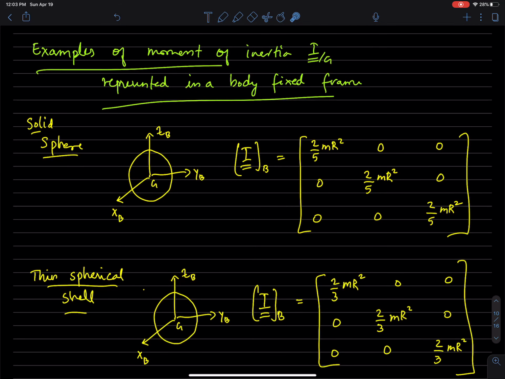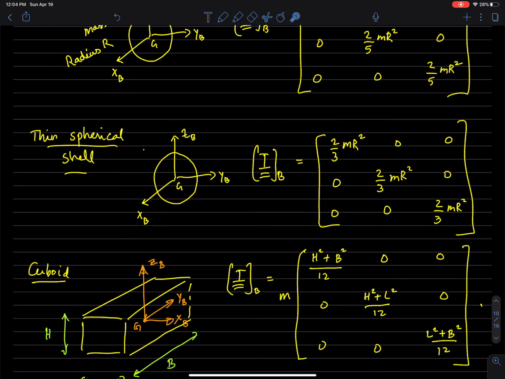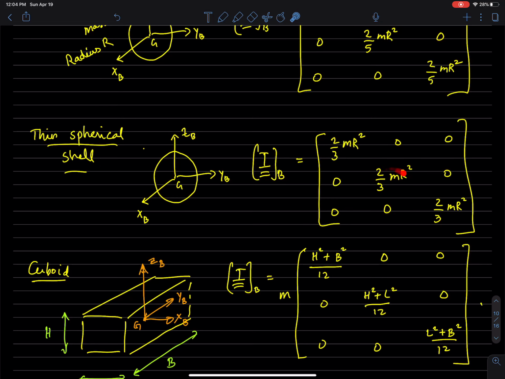Here are some moment of inertia matrices in body fixed frame, given here. So here's a solid sphere. It's a diagonal matrix with these on the diagonal, right? I hope it's obvious that when we say M and R here, it's the mass of the sphere M and radius of the sphere R. Okay, and then if you have a thin spherical shell, it's a different diagonal matrix.